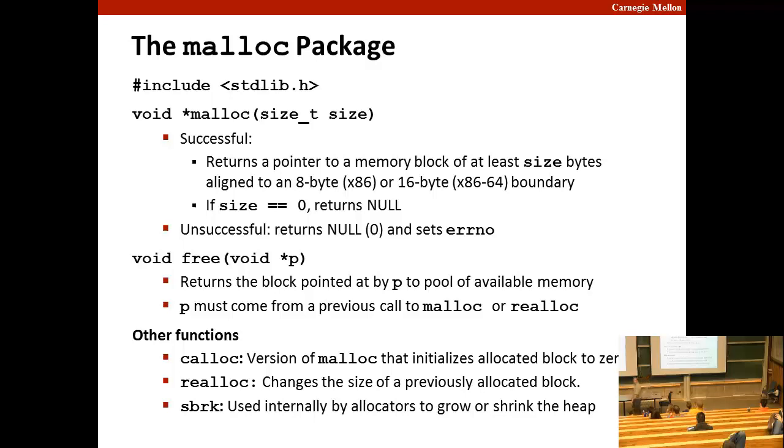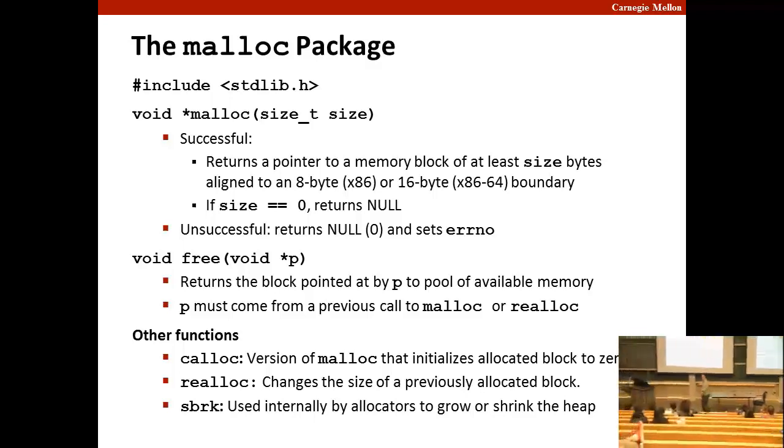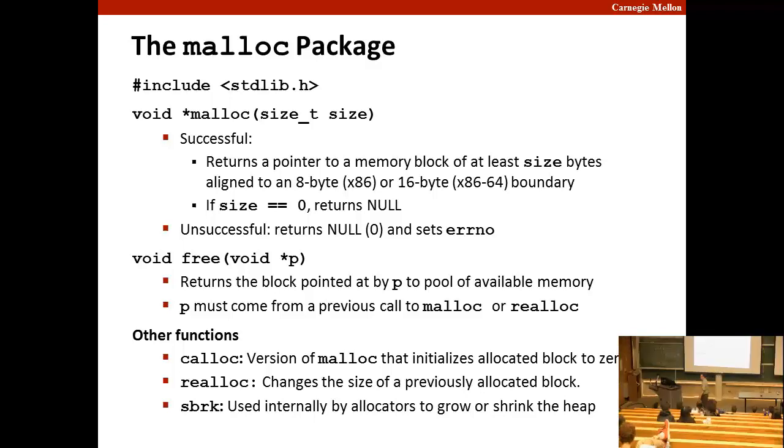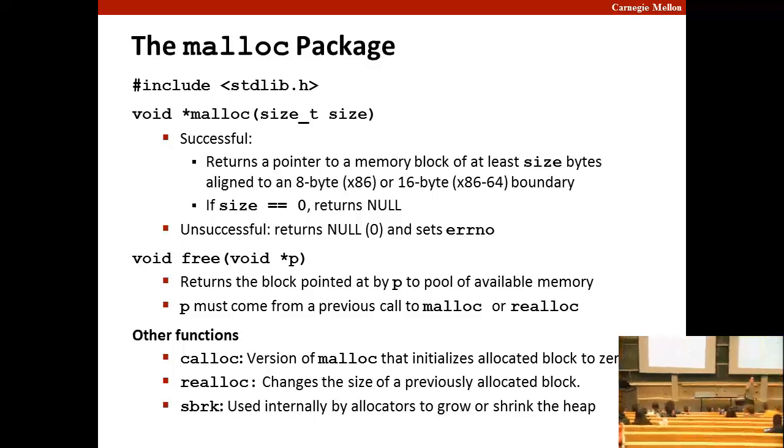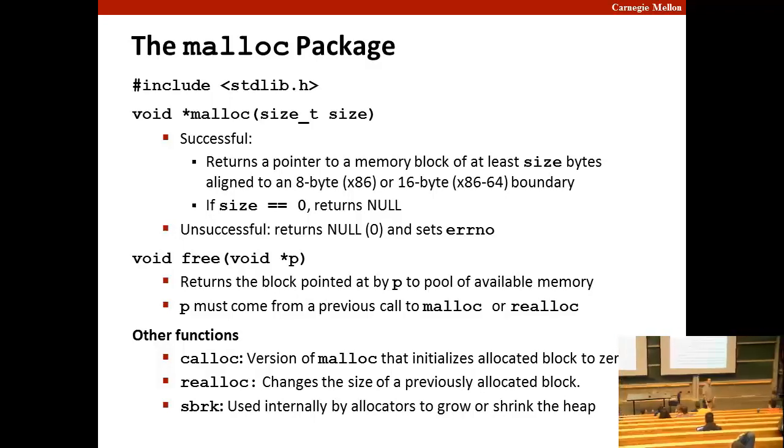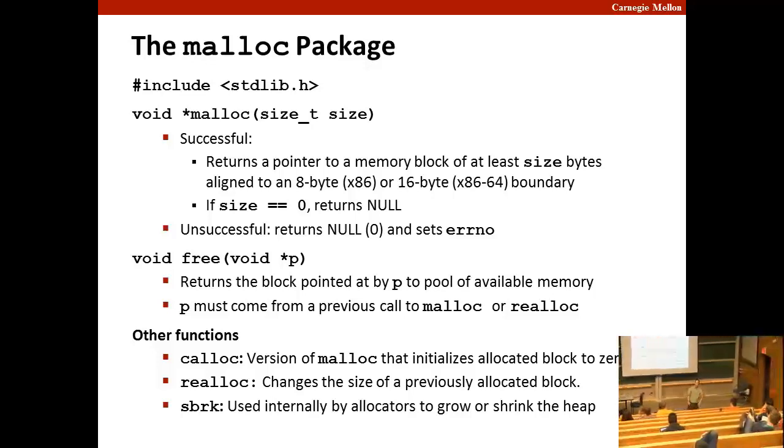One is called sbreak. One is called break. One of them, and I always get the 2 confused, sets the absolute address of the breakpoint. Make the breakpoint this. The other one sets an offset. Grow by this amount. Or technically speaking, I guess shrink by some amount. A positive or negative offset from the current break value.